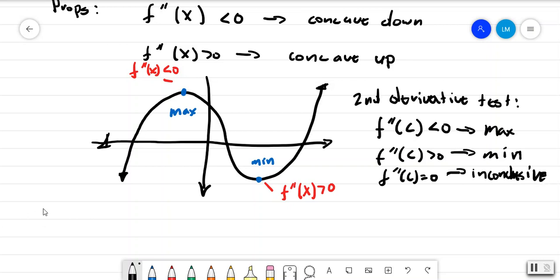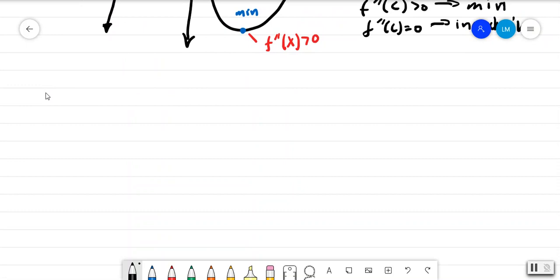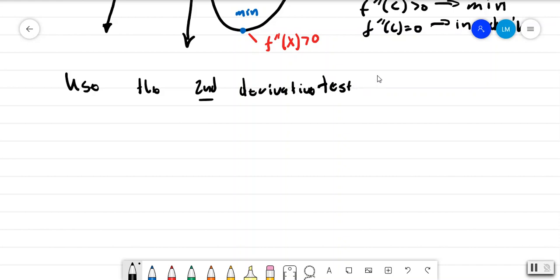Okay, so let's apply what is called the second derivative test. What we need to do is use the second derivative test for y equals 3x to the fifth power minus 5x to the third power plus 3.